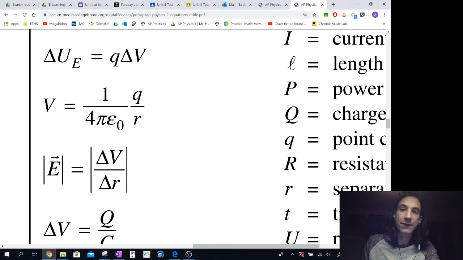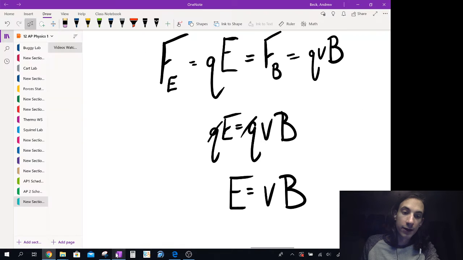We said a lot when we dealt with potential that it was a function of position. The position within this field matters, so it's a function of the spacing between the plates. So we're going back here.